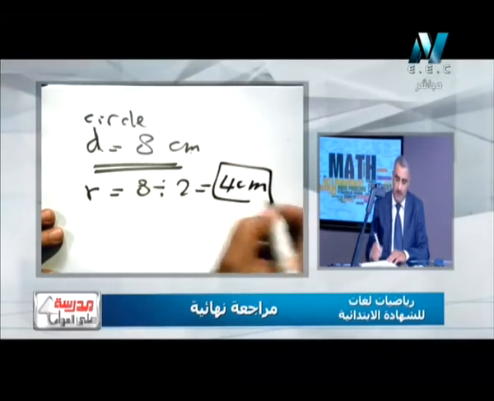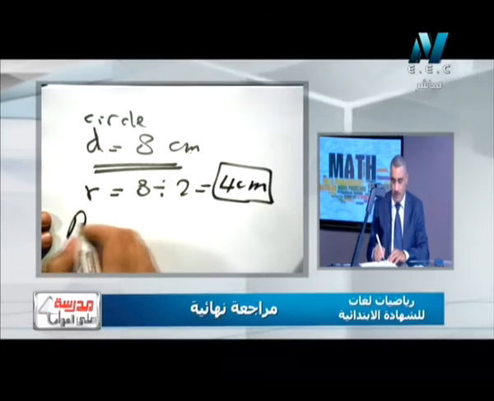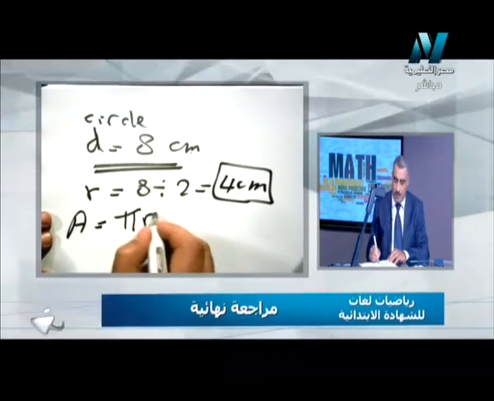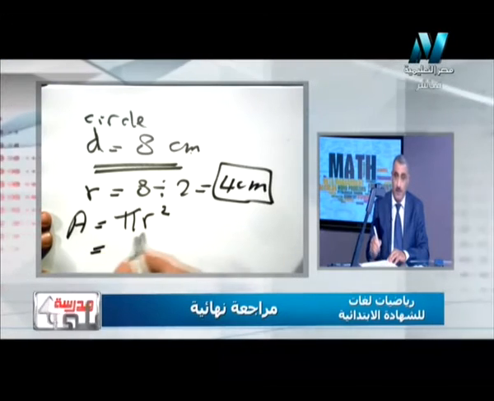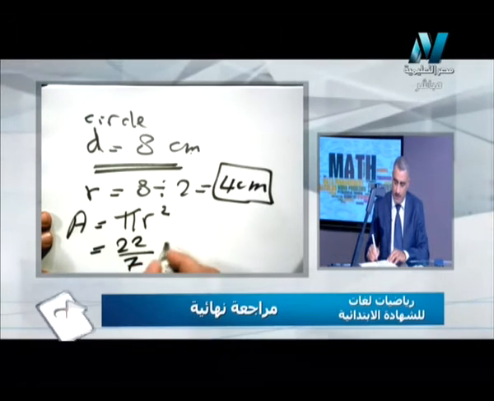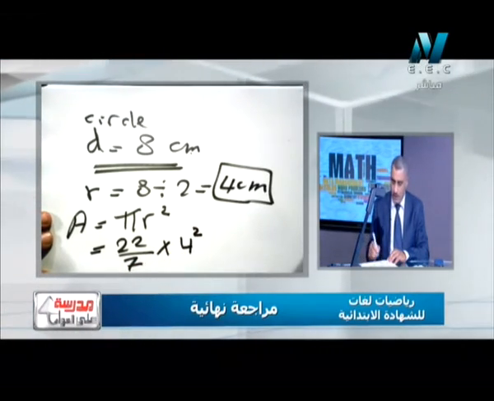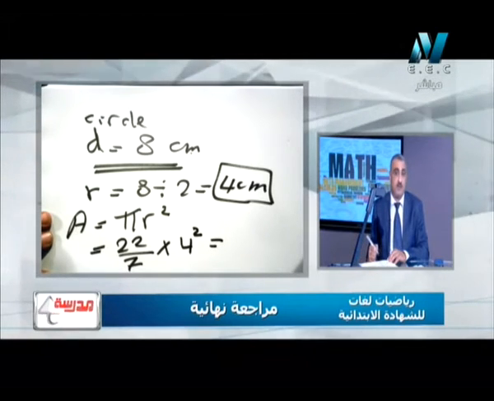We have now the radius length, and we have the area of a circle, pi r squared. Just apply the rule: 22 over 7, r is 4, power 2. Just use your calculator to get the result.